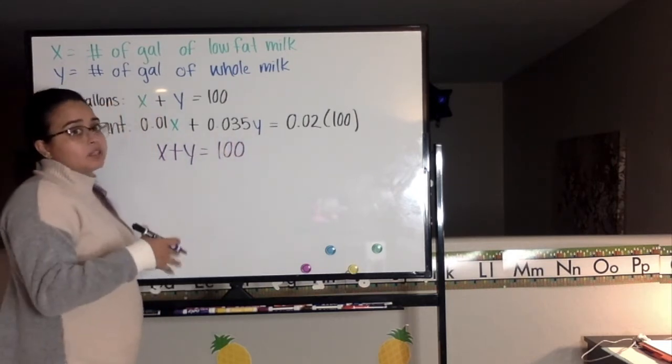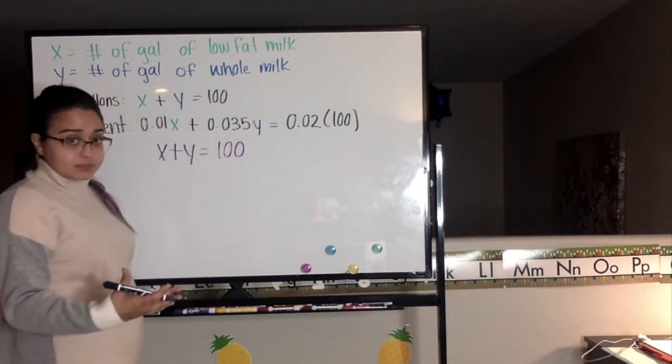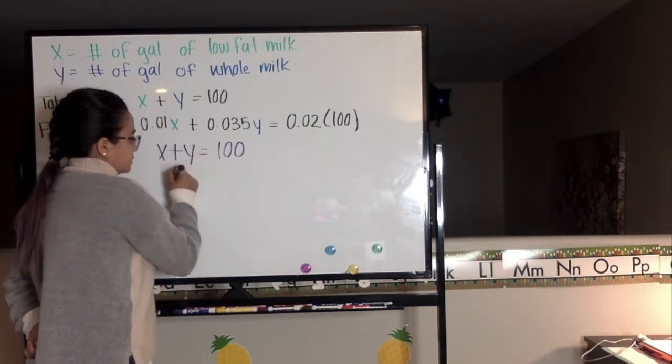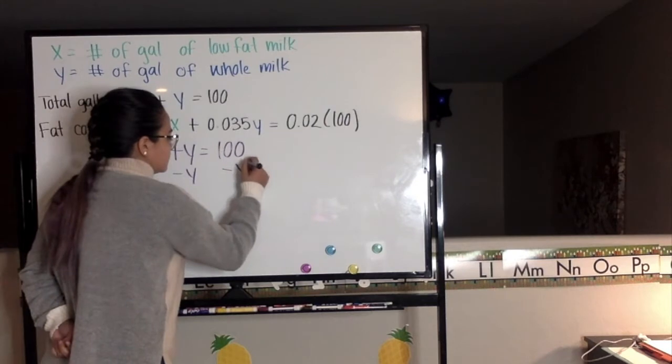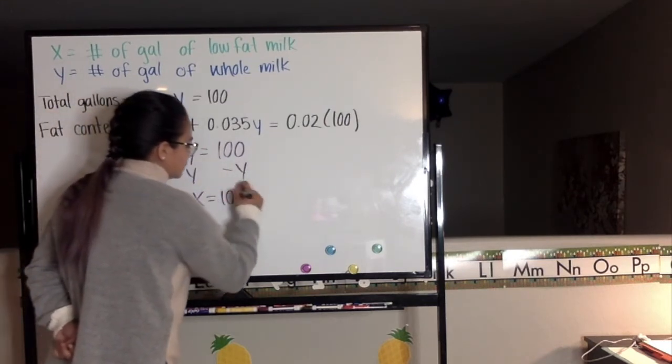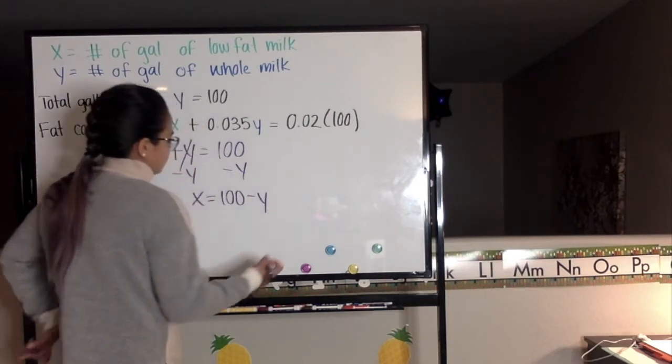We can solve for either X or Y. It doesn't make a difference. Let's solve for X. We're going to subtract Y from both sides. That's going to leave us with X is equal to 100 minus Y.